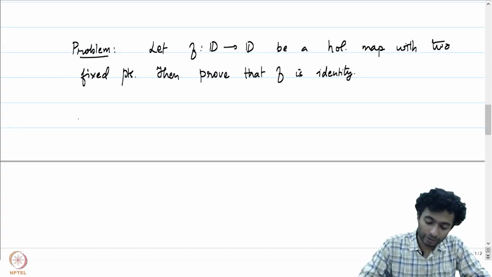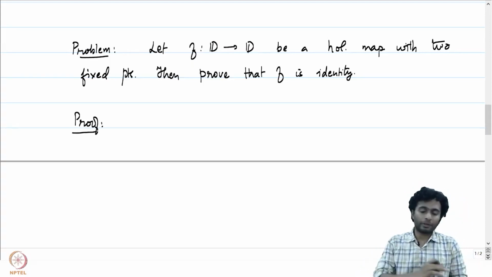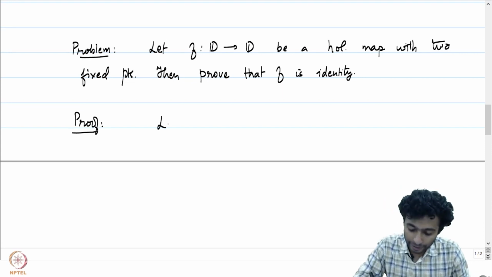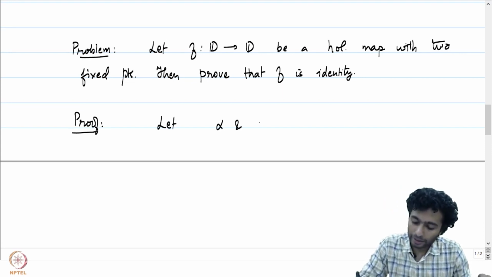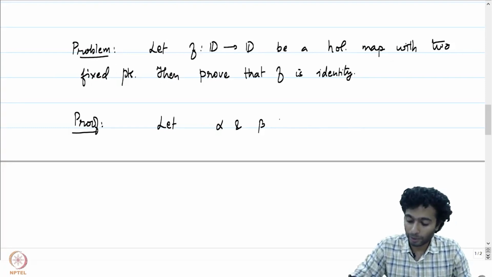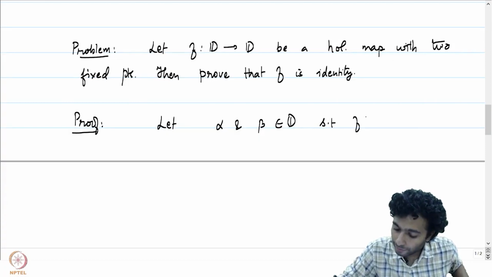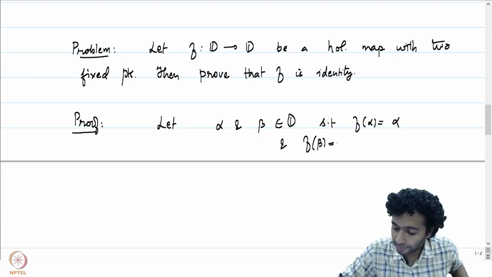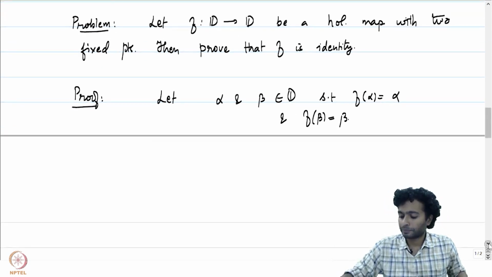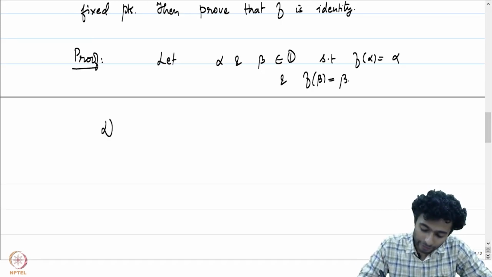Let's give a proof of this statement. Let's pick the two fixed points arbitrarily. Let alpha and beta be two points in D such that f of alpha is equal to alpha and f of beta is equal to beta. Then let's define the following map.